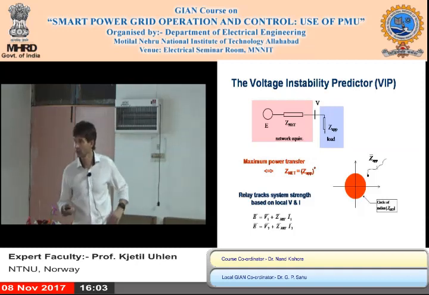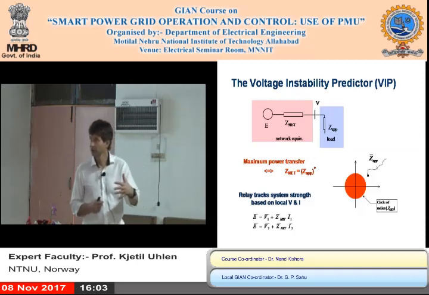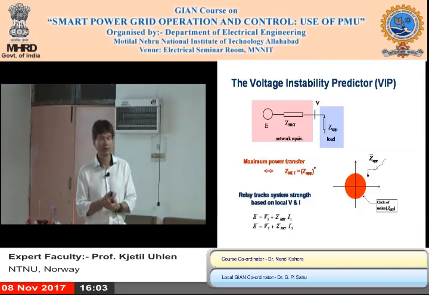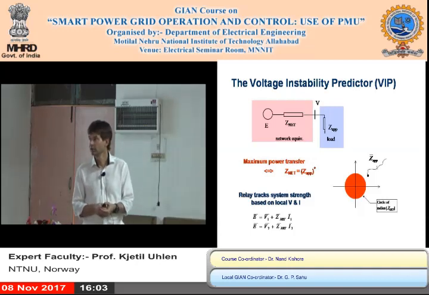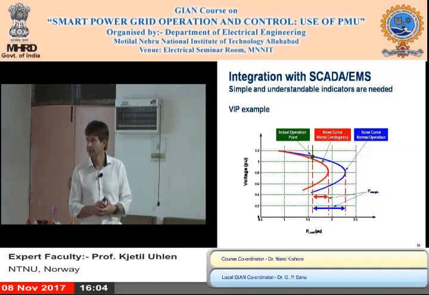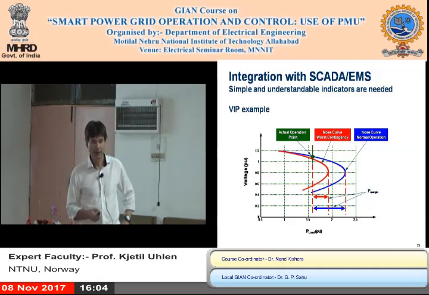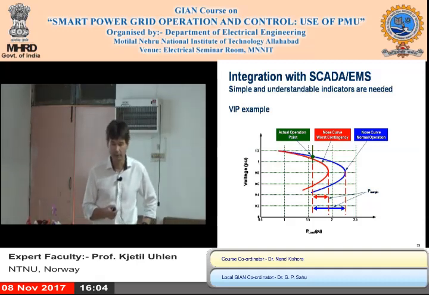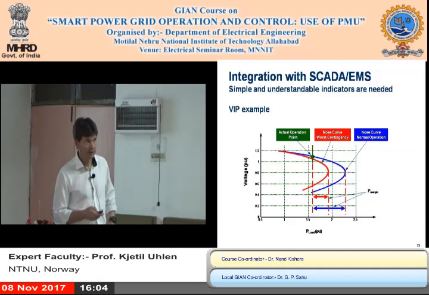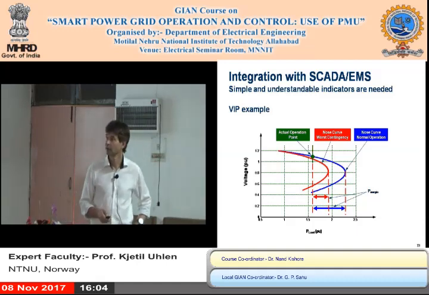So that is a simple and understandable indicator, but it's not as easy as it looks to estimate this impedance of the network, and it may not be the best indicator for voltage stability either, because it's too simple in some way.